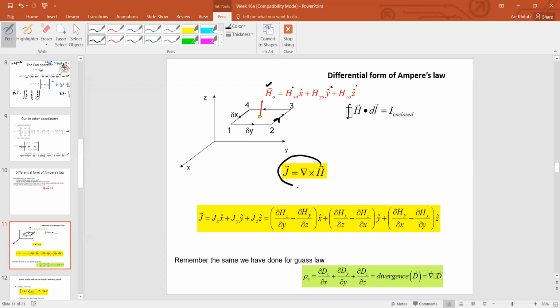So curl of H is going to give you J, and J will have the three components, Jx, Jy, and Jz. Any question here?